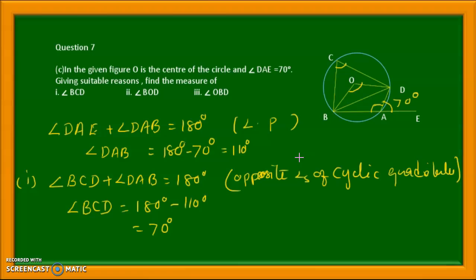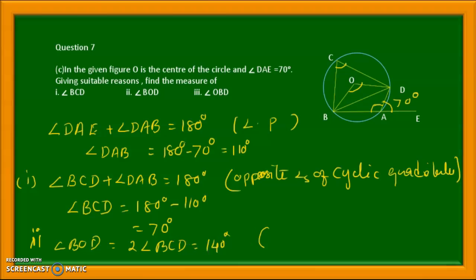This one is double of that one because of the theorem we know: the angle subtended by an arc at the center is double the angle subtended at the remaining part of the circle. So we can write, BCD we got. Therefore angle BOD equal to 2 times angle BCD, equal to 140 degrees.